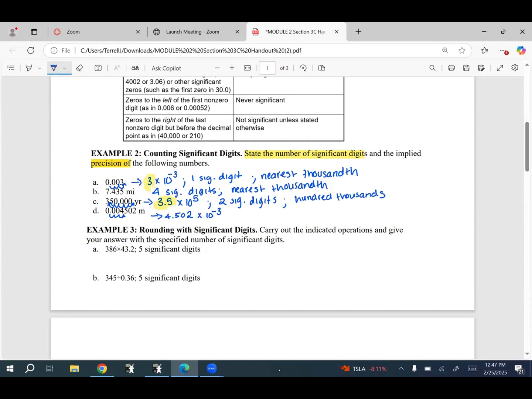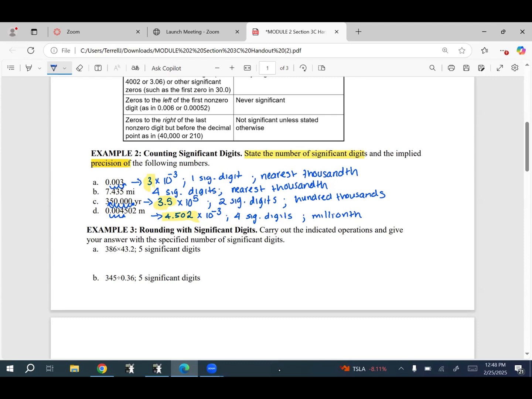To determine the significant digits, look at how many numbers are in this number. That's 4. So 4 significant digits. And again, the precision is looking at the place value. So this first 0 after the decimal point, that's the 10th, 100th, 1,000th, 10,000th, 100,000th, and then millionth. So we're at the nearest millionth.